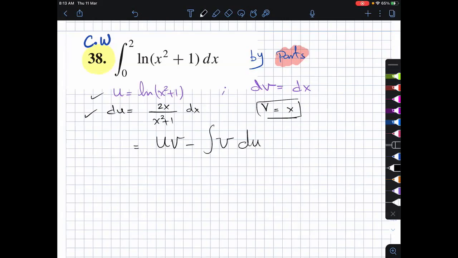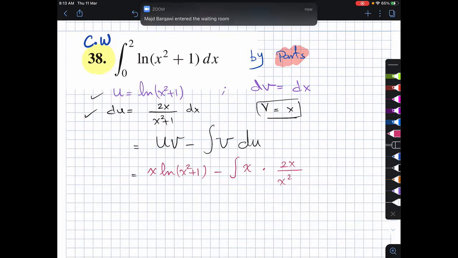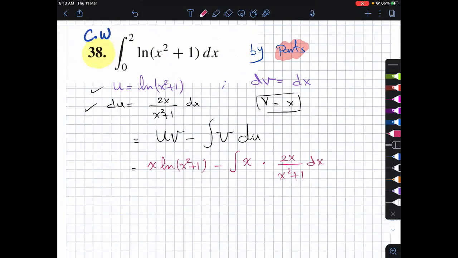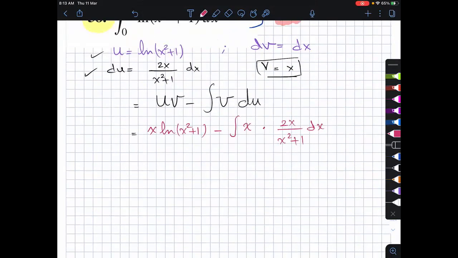So x ln(x squared plus 1) minus the integral of x, which is v, times du, which is 2x over x squared plus 1, dx.